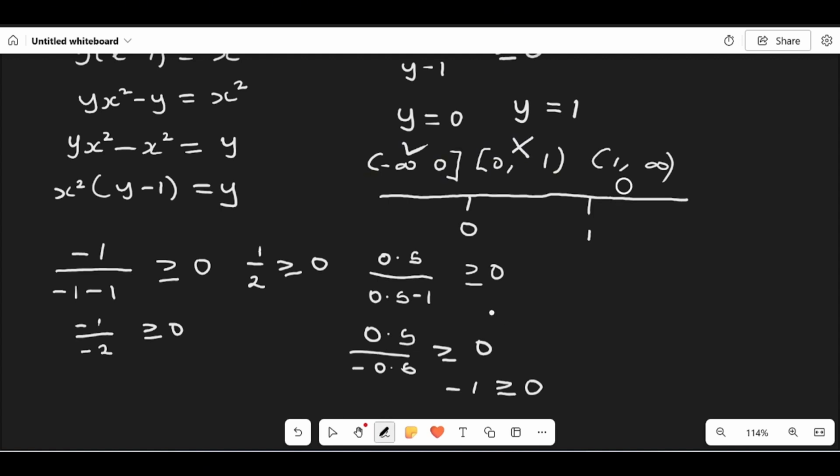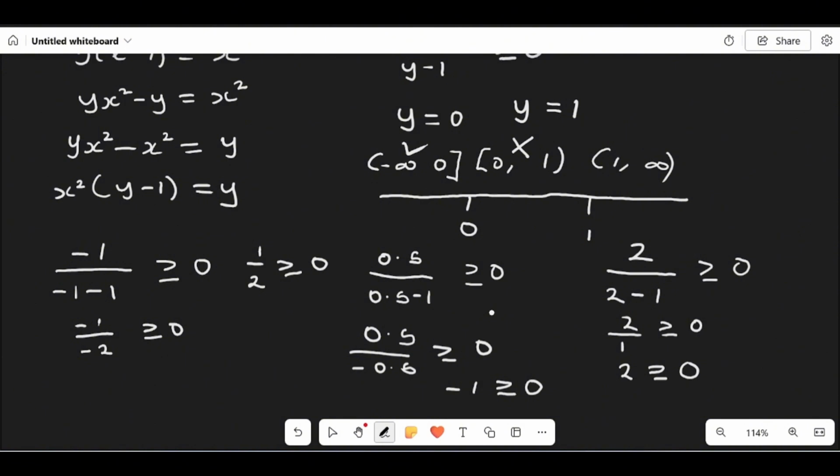Let us check with another number between 1 and infinity. Let us pick 2. That means 2 over 2 minus 1 is greater than or equal to 0. 2 over 1 is greater than or equal to 0. 2 is greater than or equal to 0.